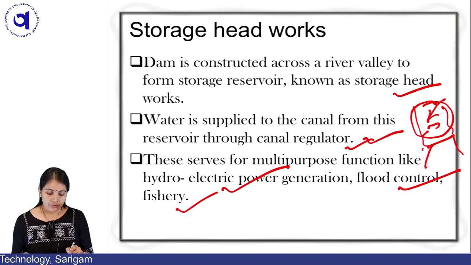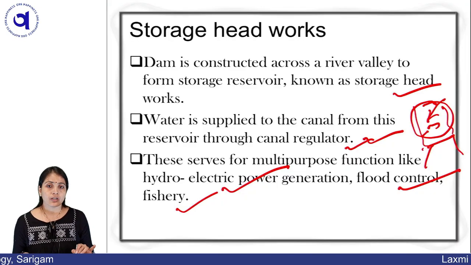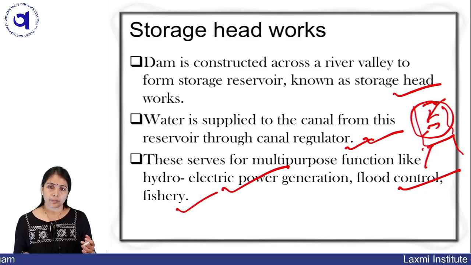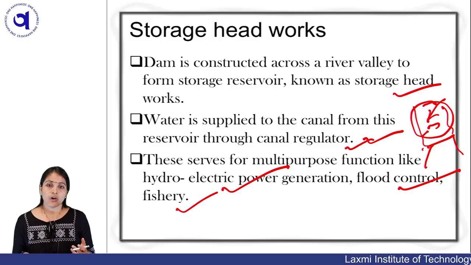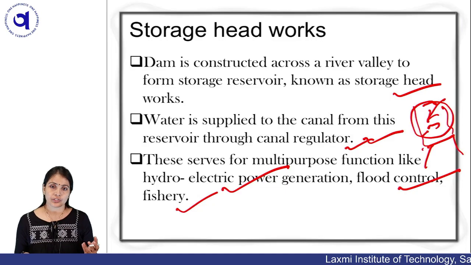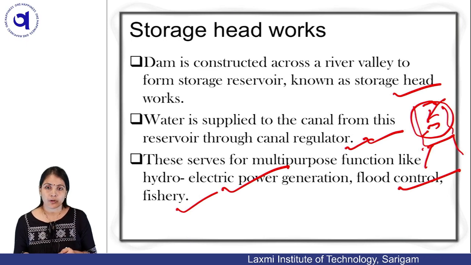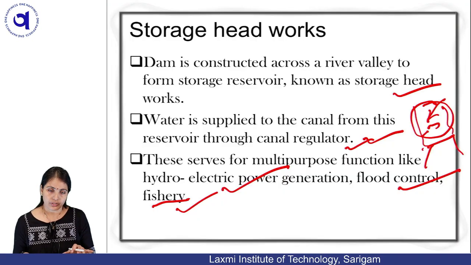We can also control floods in areas where floods come many times, by having this hydraulic structure, and we can develop fisheries also. Now in India there is a trend of fisheries, and the government has initiated a business for fisheries. So fisheries also can be developed through these reservoirs.